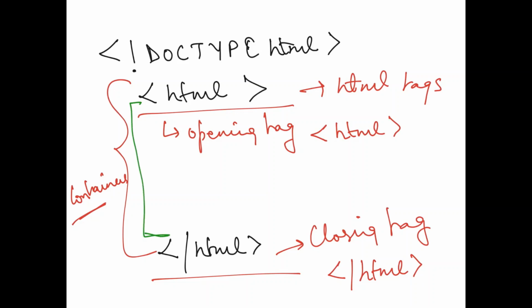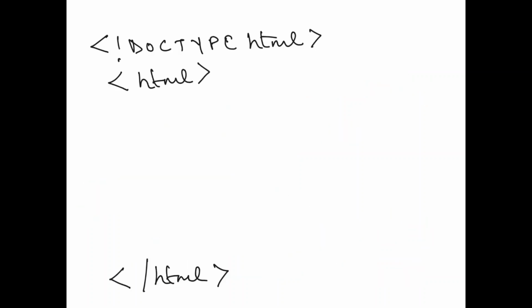Now inside this, I told you how many tags are there. There are two tags, the head tag and the body tag. Now I'll get you familiar with both of them also. Okay, so this was clear to you, the doctype and the HTML opening and closing tag. Now I said that inside the HTML tag there are two important tags, head and body.